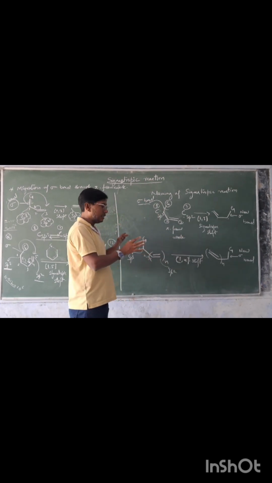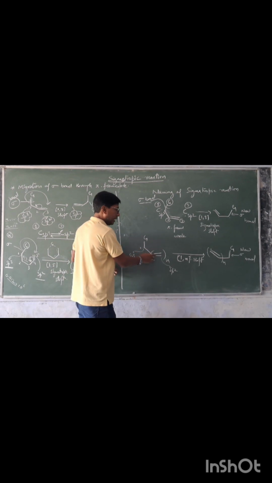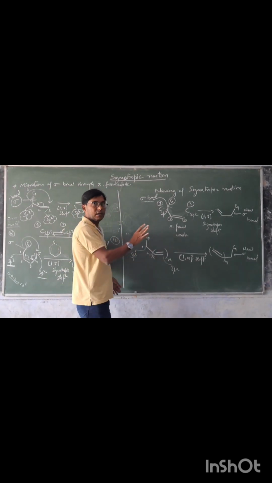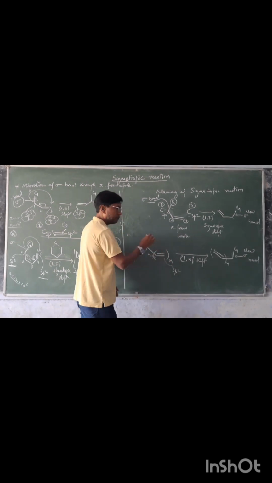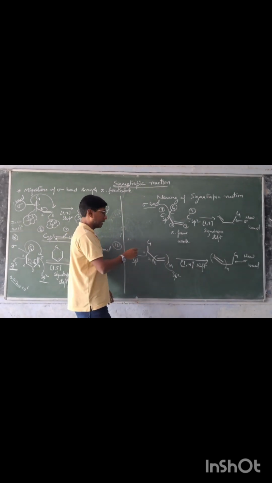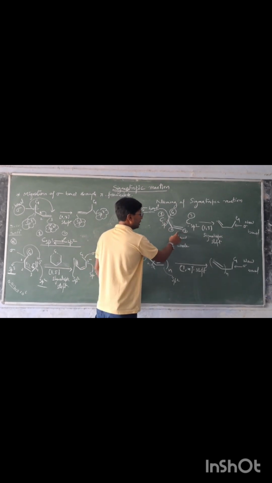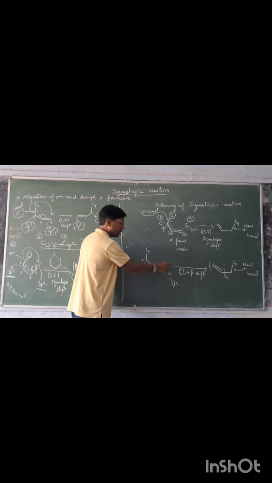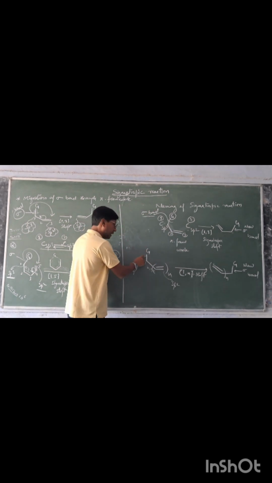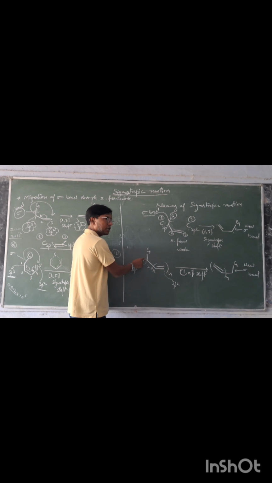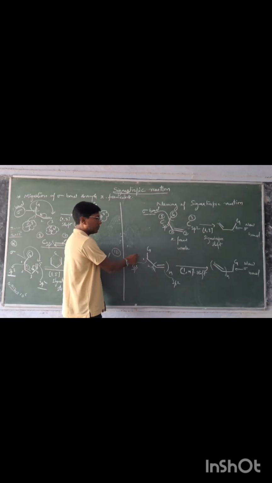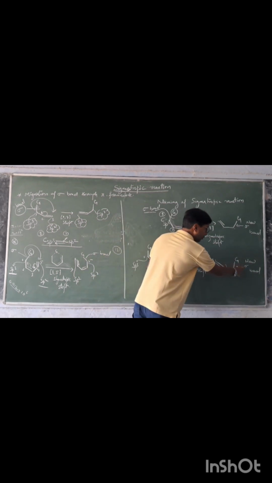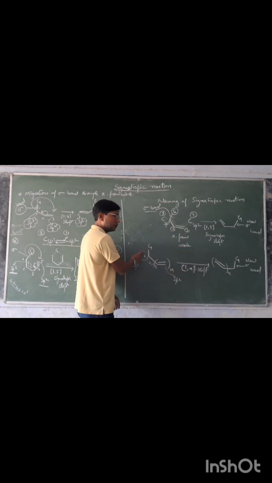In a similar way, in general, if the pi framework involves n doubly bonded carbon atoms, for example here we have only 3, or we can take an example of 1, 2, 3, 4, 5, 6, any number, migration will always take place from position number 1, the origin sp3 hybridized carbon, to the last sp2 hybridized carbon, the nth carbon, with formation of a new sigma bond and breakage of the old sigma bond.